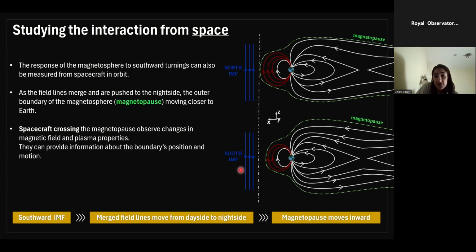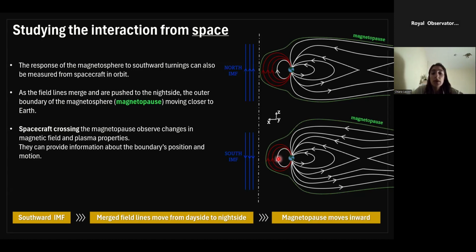So spacecraft crossing the magnetopause are something that we can use to study this phenomenon. In fact, spacecraft going from inside to outside the magnetosphere, or the other way around, will observe changes in magnetic field and in plasma properties. For example, here, a spacecraft in the magnetosphere will observe a northward field, while after leaving the magnetosphere, it will observe a southward field.